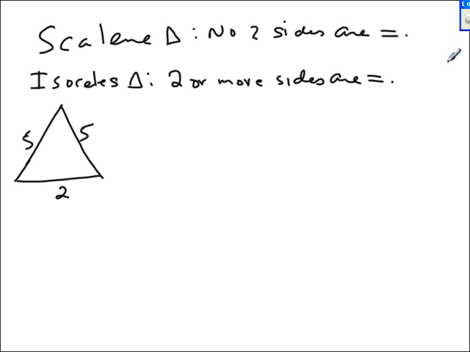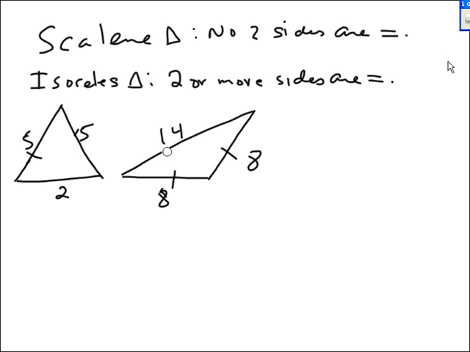That is an isosceles triangle. You can have 8, 8, and then 14. Since the 8 and the 8 are the same, it is an isosceles triangle.